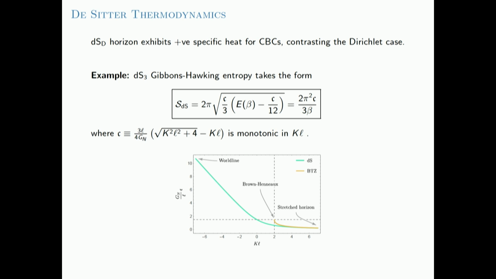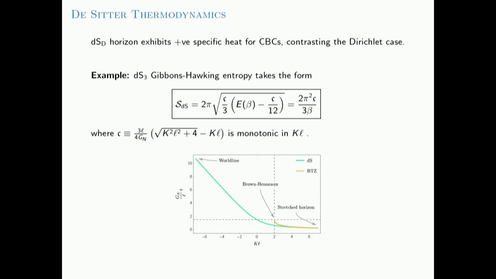And you can write the de Sitter entropy in 3 dimensions in a suggestive form, although I would be cautious with the interpretation, where the entropy takes the following form, governed by a parameter C, which is a function of the trace of the extrinsic curvature, which has monotonicity properties and grows as the wall shrinks to the worldline limit and shrinks all the way to 0 as you push it towards the horizon.